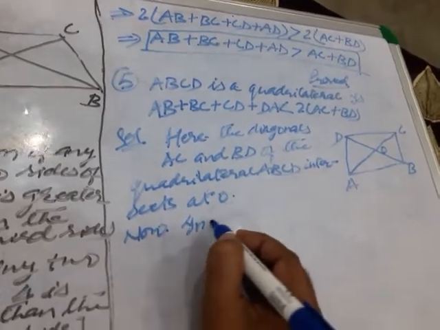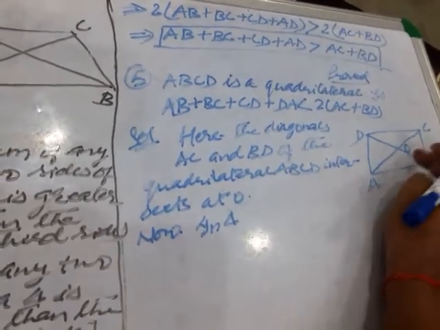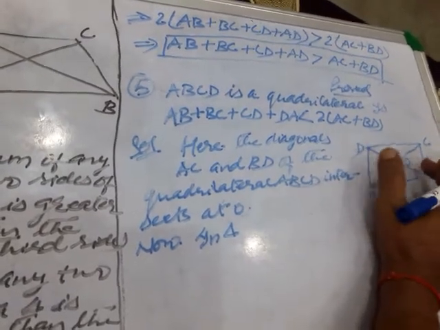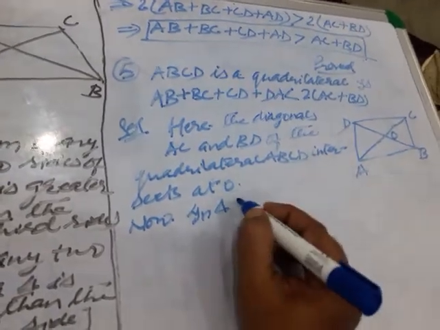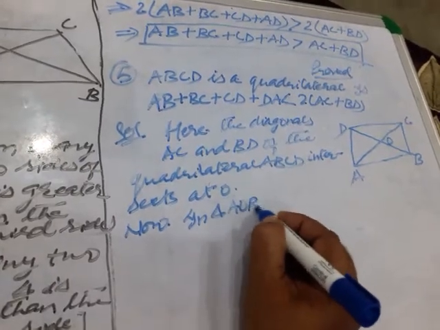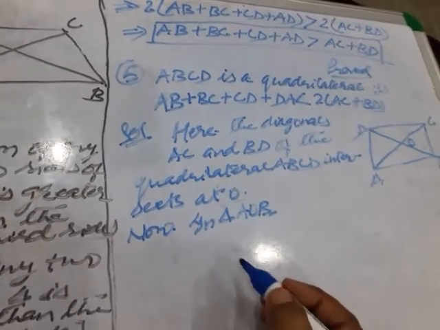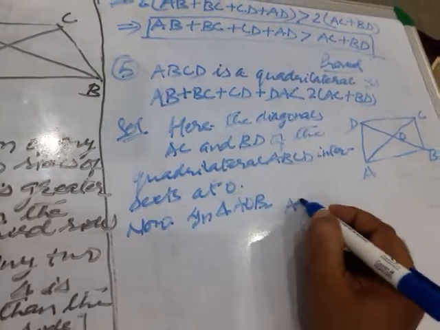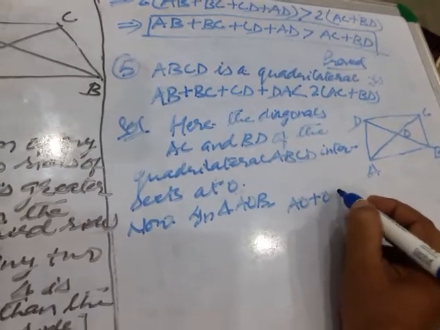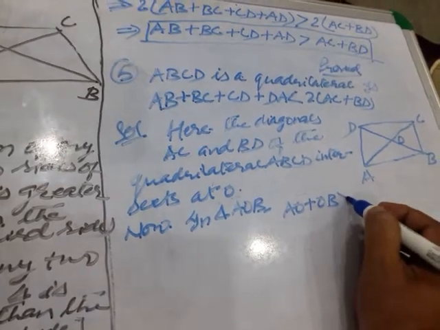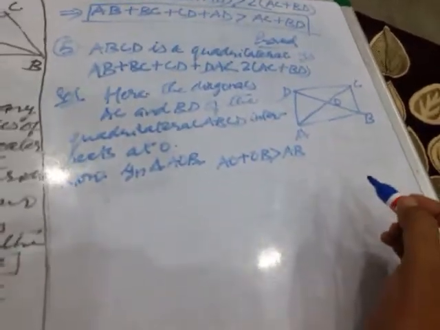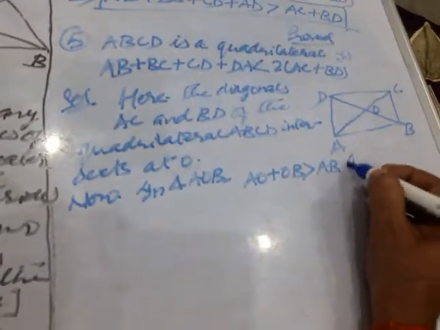Okay, children. Now how many triangles are formed? 1, 2, 3, 4. 4 triangles are formed, children. So in triangle AOB, what do we have, children? AO plus OB is greater than AB. This is equation number 1.